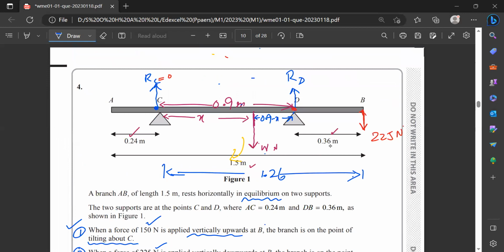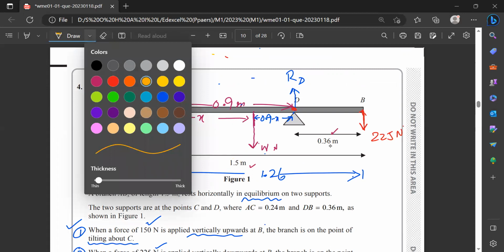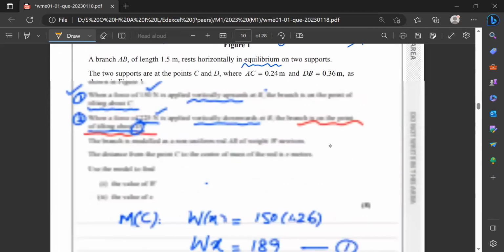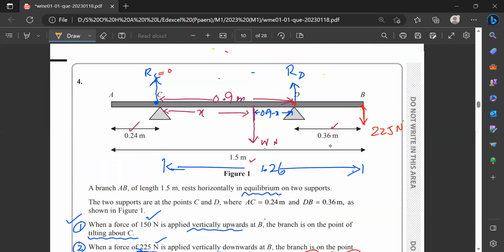Now, this time I'll be taking moments about D. Taking moment about D, this is anti-clockwise, this is clockwise, this is 0.